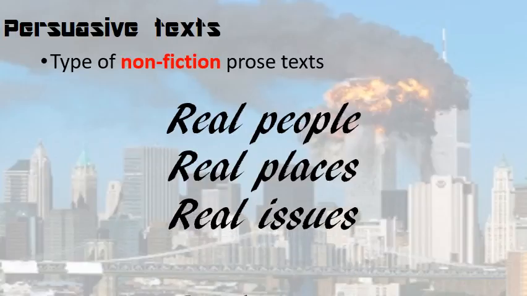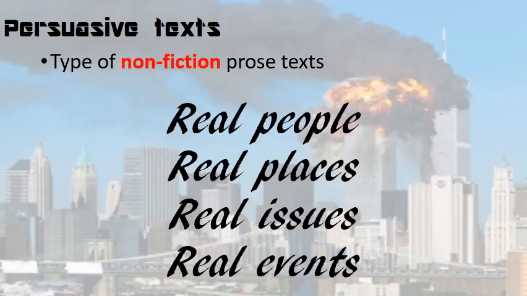Now, these can be structured, contextualized, formulated into a number of different types of texts. Okay, depending on what the author is trying to tell you. Okay, or what someone is trying to sell you.